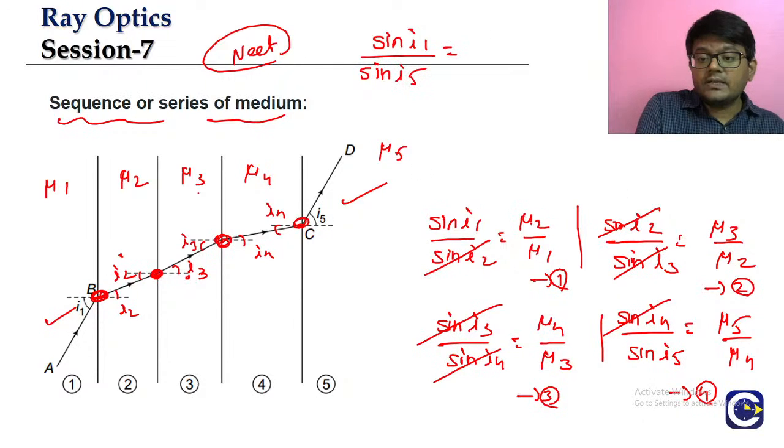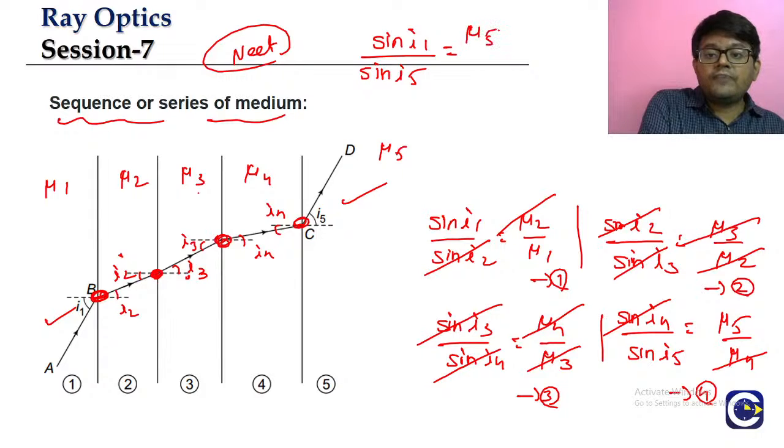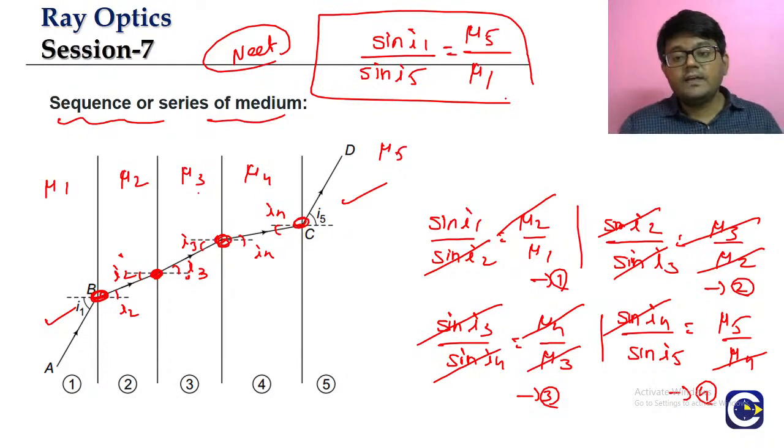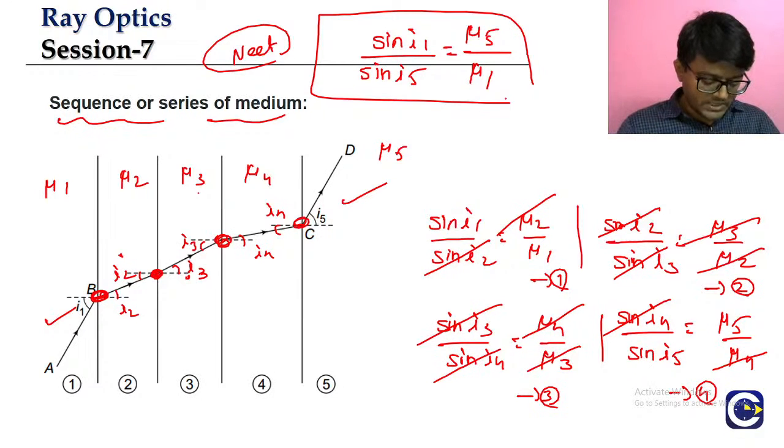On the right hand side, mu2 in the numerator and mu2 in the denominator cancel, mu3 and mu3, mu4 and mu4. What will be remaining? Mu5 in the numerator and mu1 in the denominator. So this is how we get the relation between angle I1 and angle I5 when we have a series of medium or sequence of medium. This relation will be useful for us.